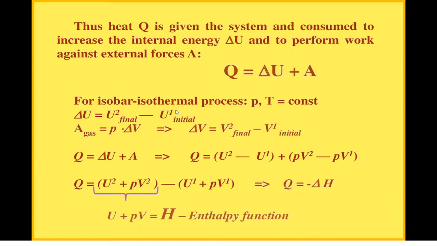So, let's consider the simplest thermodynamic system. It is the gas. The gas does work, look, isobaric, so pressure is constant, and the work done by the gas equals the product of the pressure and the change of the volume of the gas.